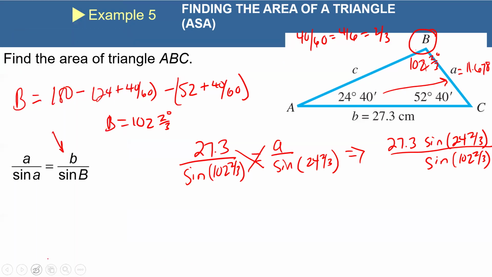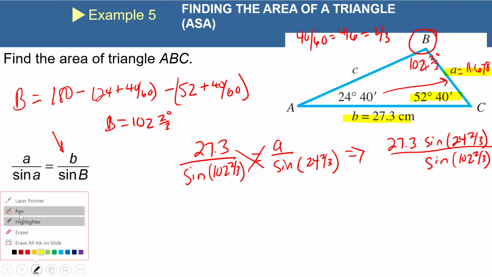Okay, so now I have enough information to solve for the area. I got 11.678. I have an angle and the two sides that make up that angle. So now I can find the area.